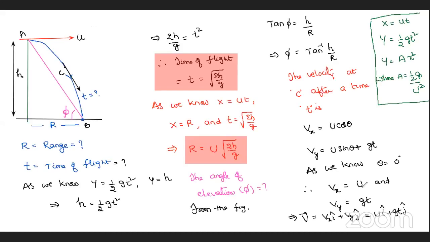Vx is u, Vy is gt. Root of u square plus gt whole square, that equals root of u square plus g square t square.